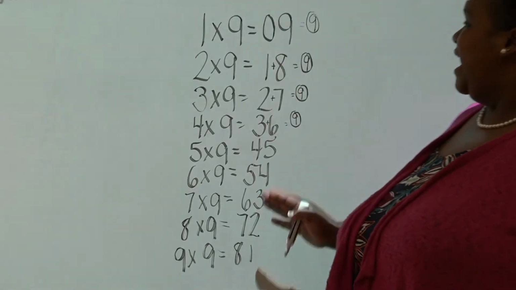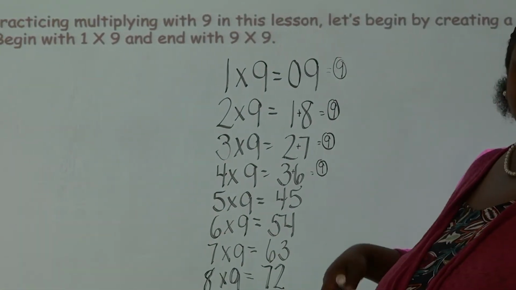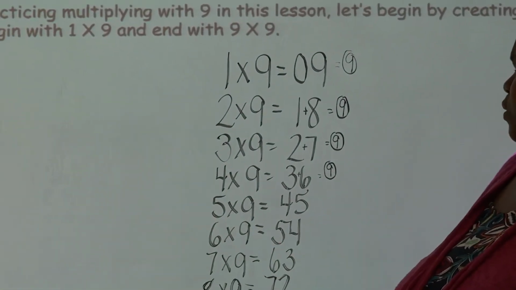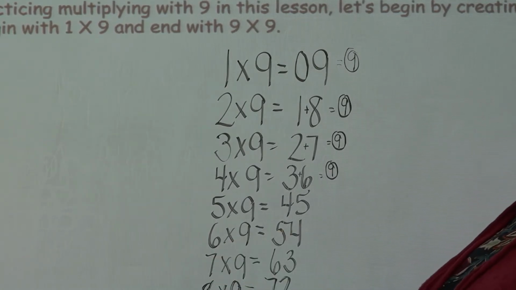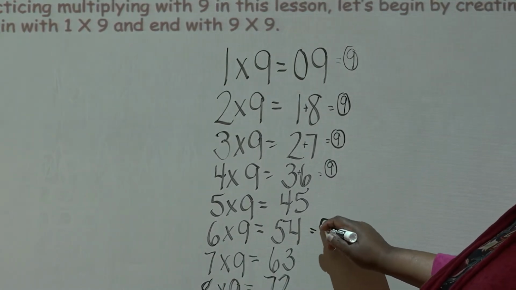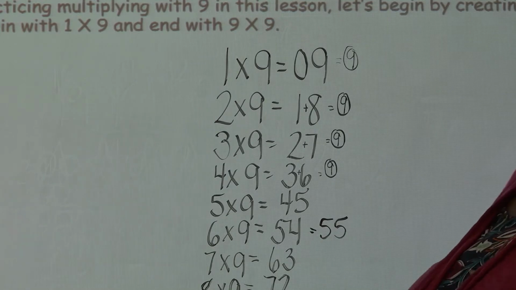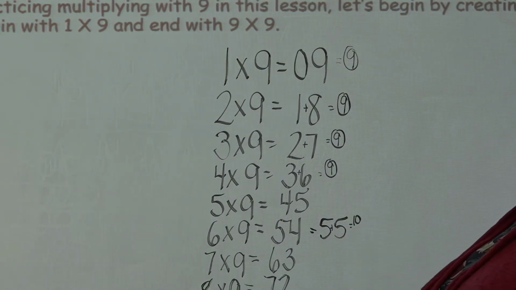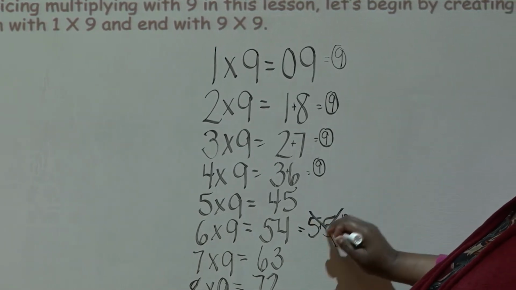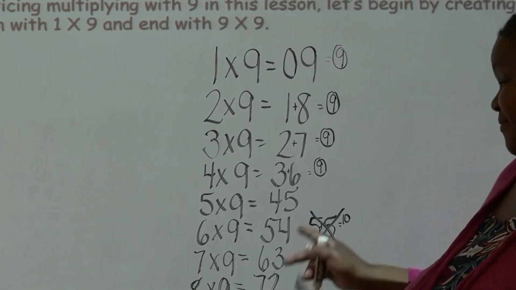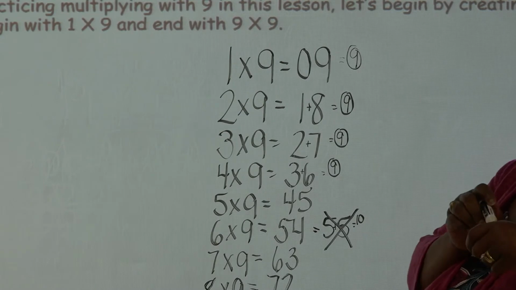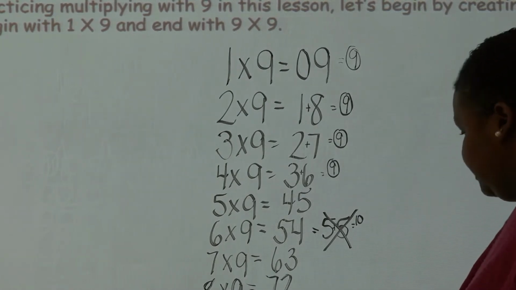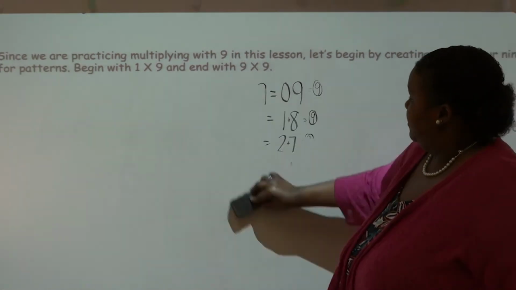So what could we say? The sum of the digits equals 9. So if I said 6 times 9 equals 55, I could check it and say 5 plus 5 equals 10. No, that couldn't be right. That didn't fall in the pattern. So this is a nice pattern to know. Very helpful to know.